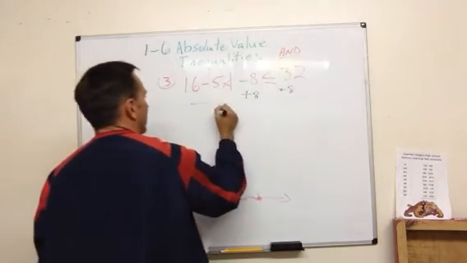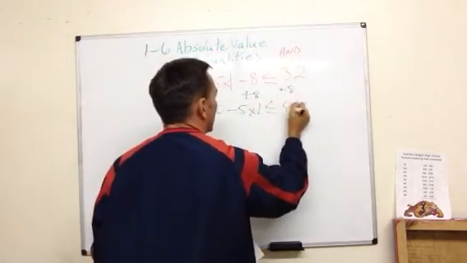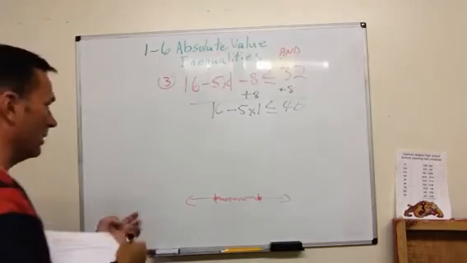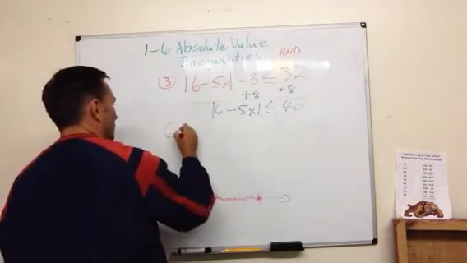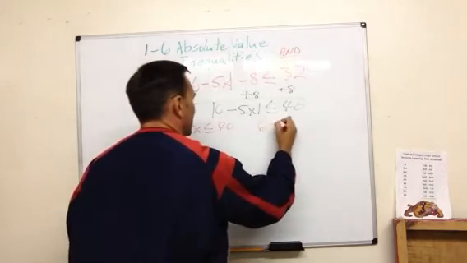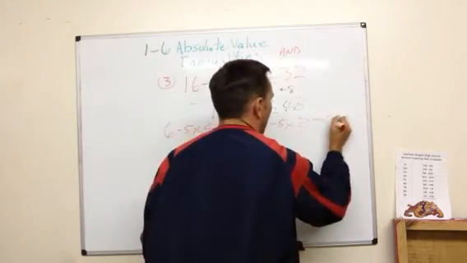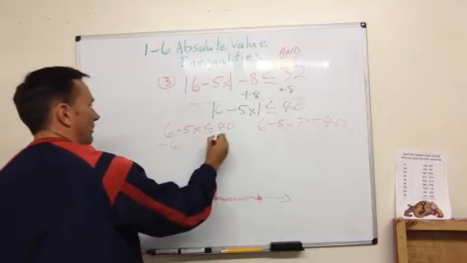and I get the absolute value of 6 minus 5x less than or equal to 40. Create my two problems. 6 minus 5x less than or equal to 40. 6 minus 5x greater than or equal to negative 40. So now we can solve.